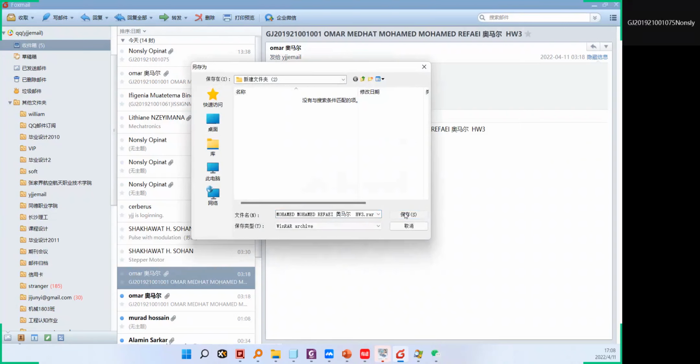This file exceeds the limit, it's more than 40 MB.